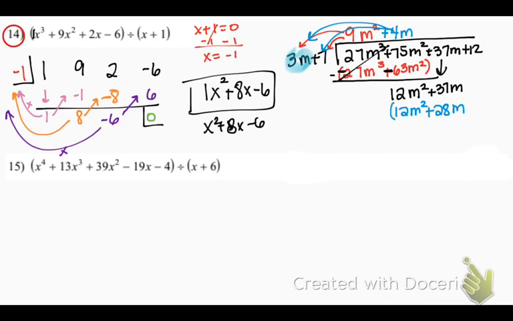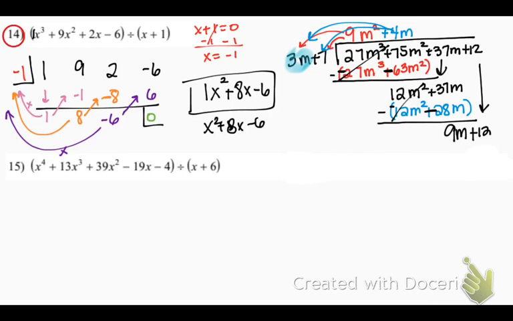And I'm going to put that in parentheses again. And now subtract. So this means I get a negative and a negative, so these both change signs as well. 12m squared minus 12m squared is 0, and 37 minus 28m is going to be 9m. Okay, so I have a 9m, and I'm going to bring down the plus 12 that I had.